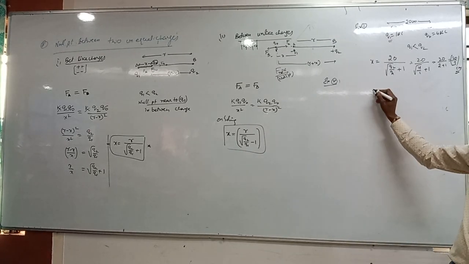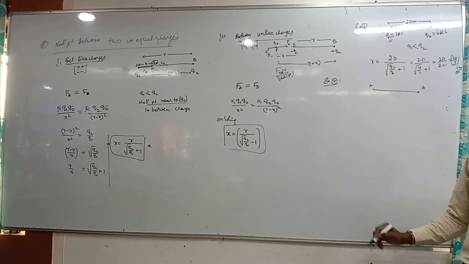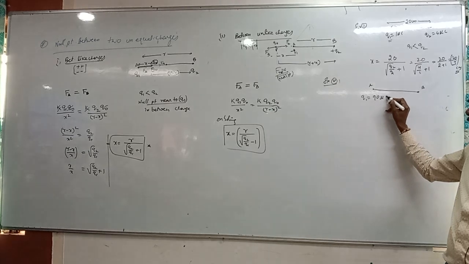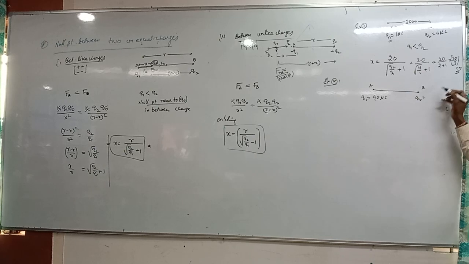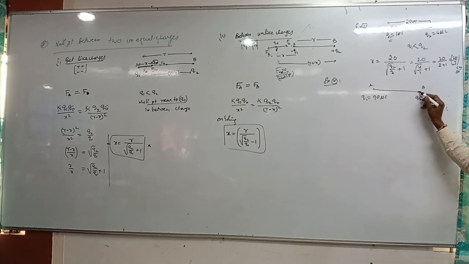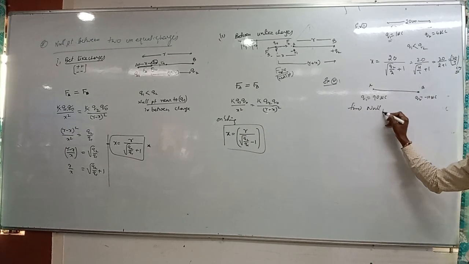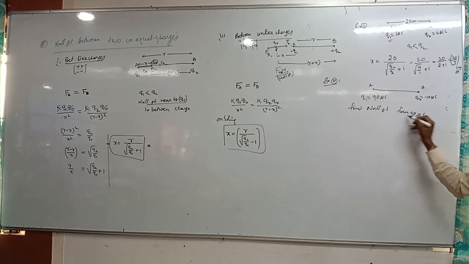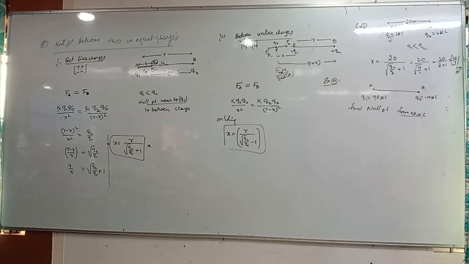Next. Q1 is 90 microcoulomb. Q2 is minus 10 microcoulomb. Find the null point from 90 microcoulomb. Especially if they ask from the 90 microcoulomb, how can you find it out?